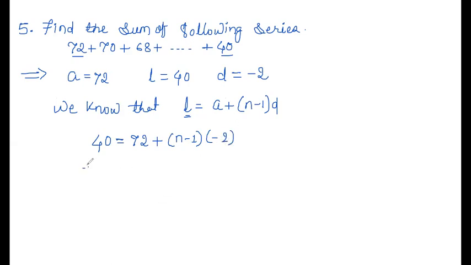Okay. Therefore 40 is equal to 72, then it is -2n and plus 2.